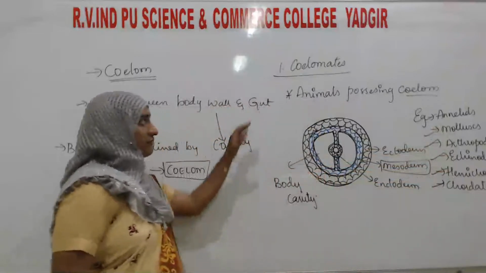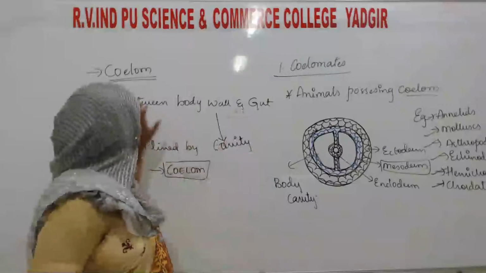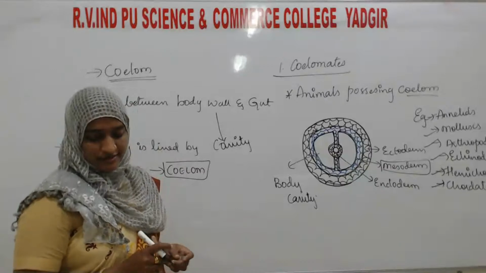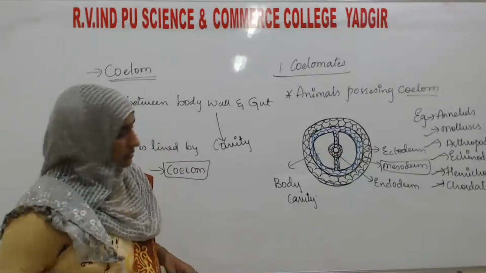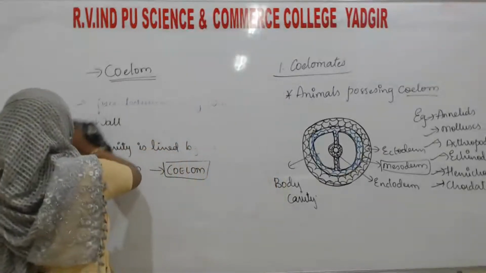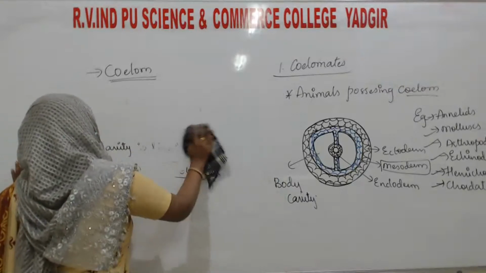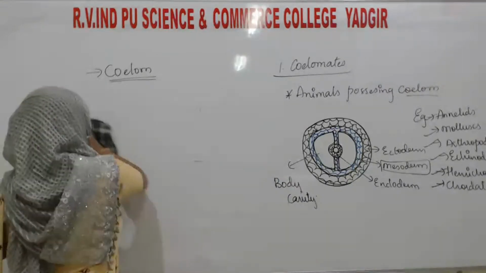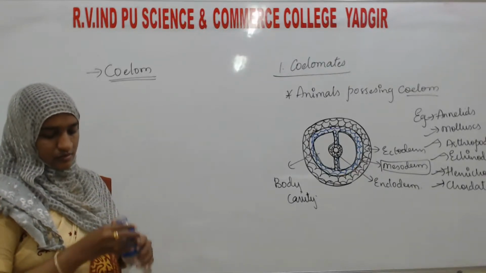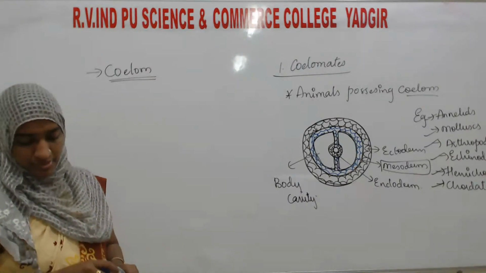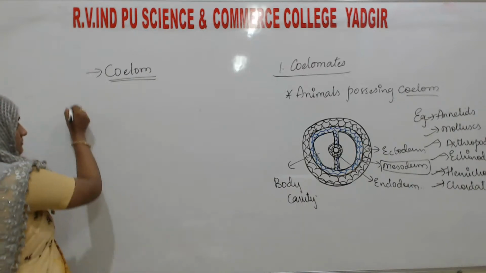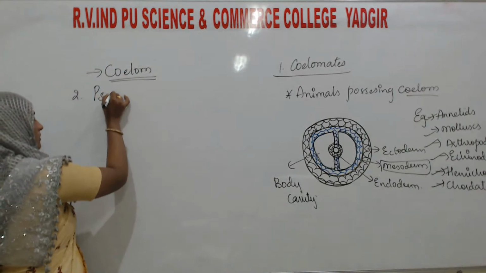This is the first type of animals on the basis of coelom. The next, the second type, is the pseudocoelomates.